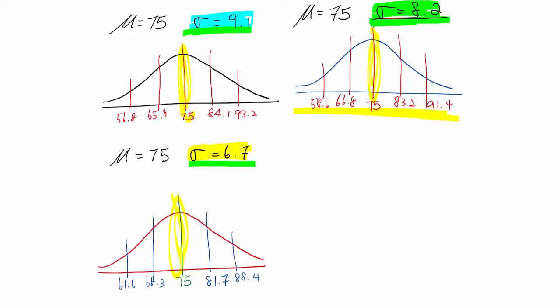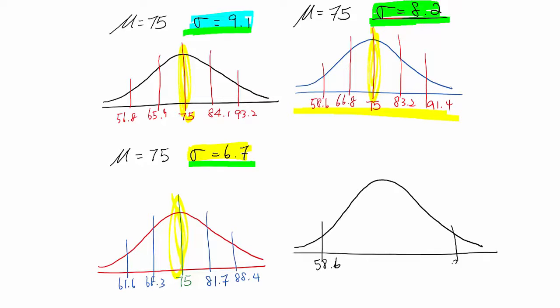You know, if I just try to merge them, the first set will cover between 58.6 to 91.4. So I'm going to say this is 58.6 to 91.4. So it's the first set here.